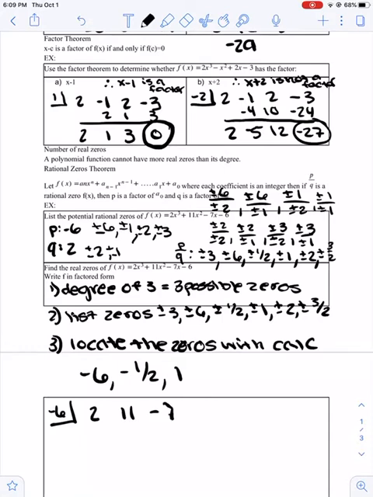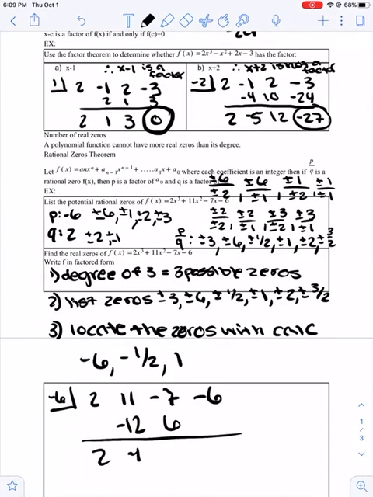So 2, 11, negative 7, negative 6. Drop the 2. 2 times negative 6 is negative 12. That's negative 1. Negative 1 times negative 6 is 6. Negative 7 plus 6 is negative 1. Negative 6 times negative 1 is 6. Negative 6 plus 6 is 0.